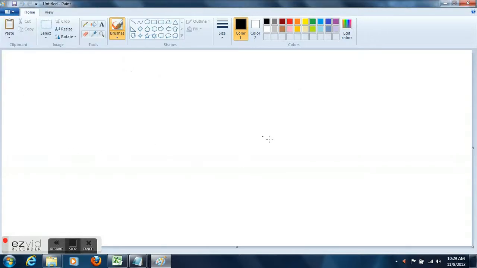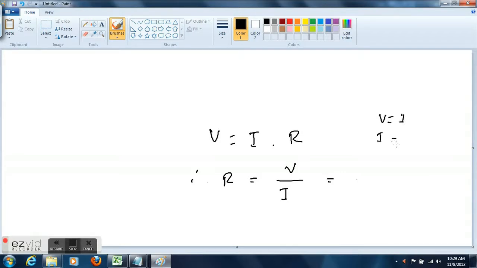Okay, let us put a new board now. Now let us talk about the unit of ohm. We know V equal to IR. So if V equal to 1, that means R equal to V by I. If V equal to 1, I equal to 1, then R will become 1.